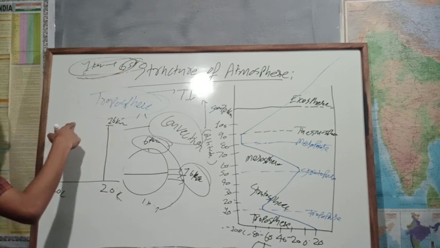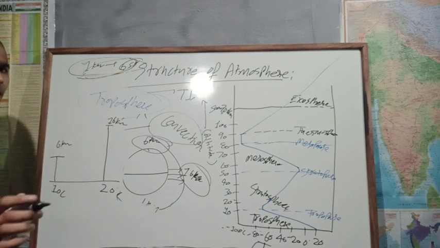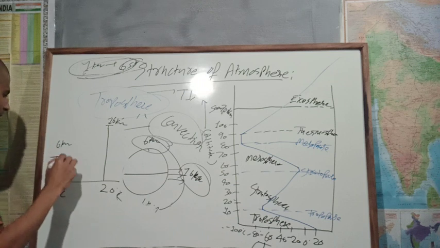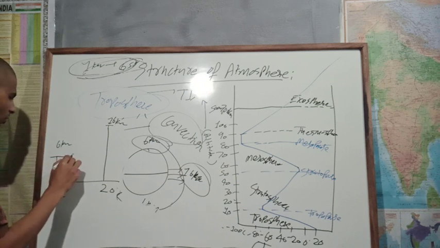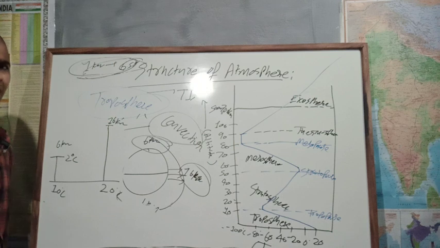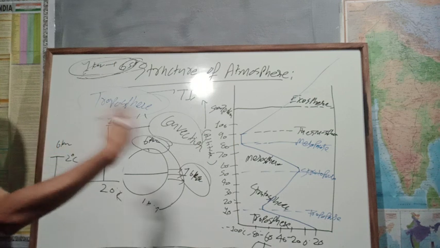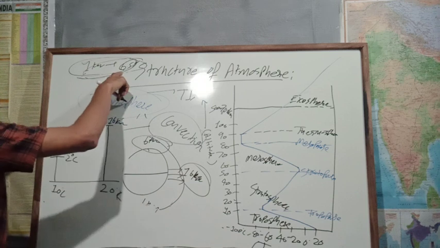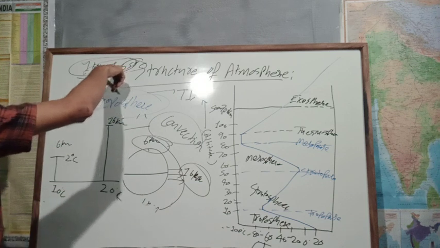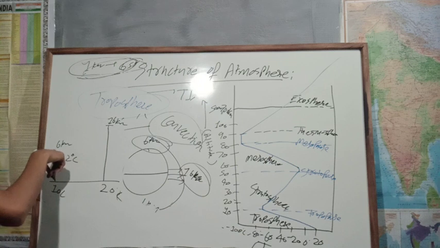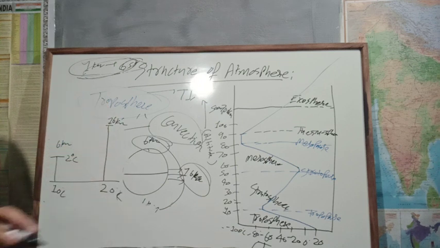So let's take a rough figure. The temperature will be around, let's say, 2 degrees Celsius. But take care of the figure. It won't be 2. It will be a negative number. Around how much? 6.5 multiplied by 6.